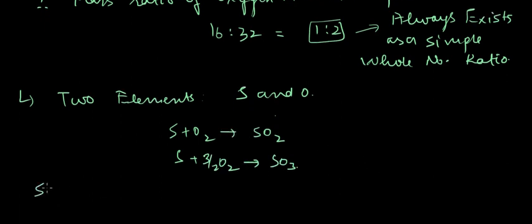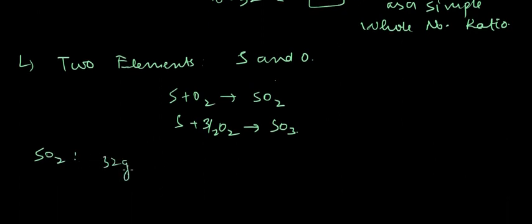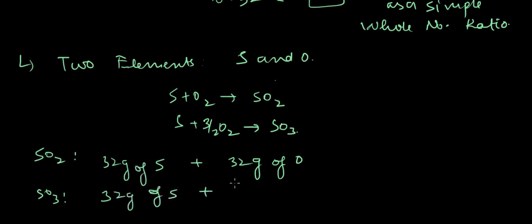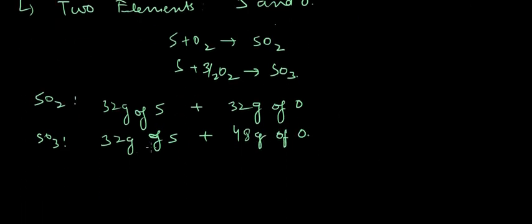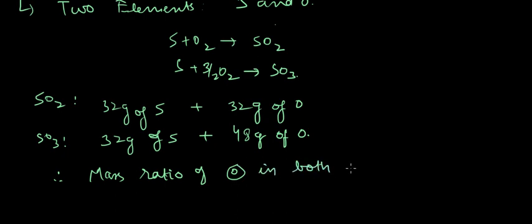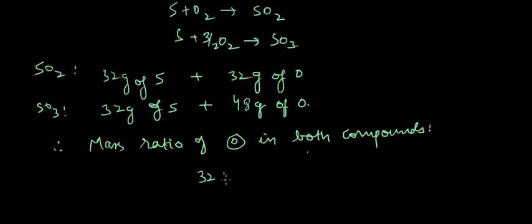In SO2, 32 grams of sulfur is present with 32 grams of oxygen. In SO3, 32 grams of sulfur is present with 48 grams of oxygen. Therefore, the mass ratio of oxygen in both the compounds would be 32:48. We can say it is 2:3, which is a simple whole number ratio.